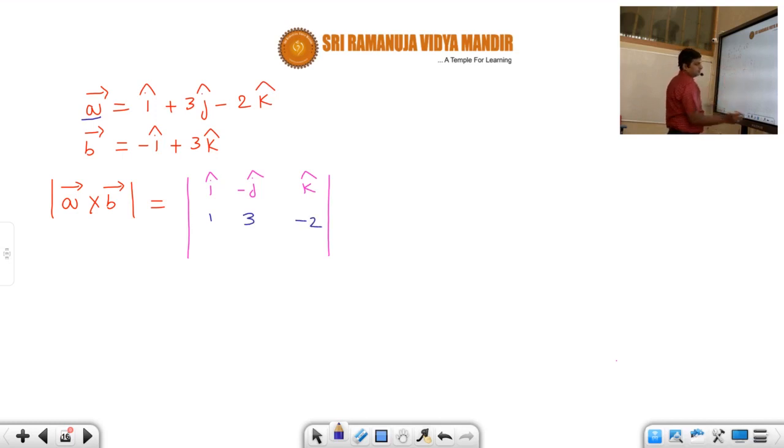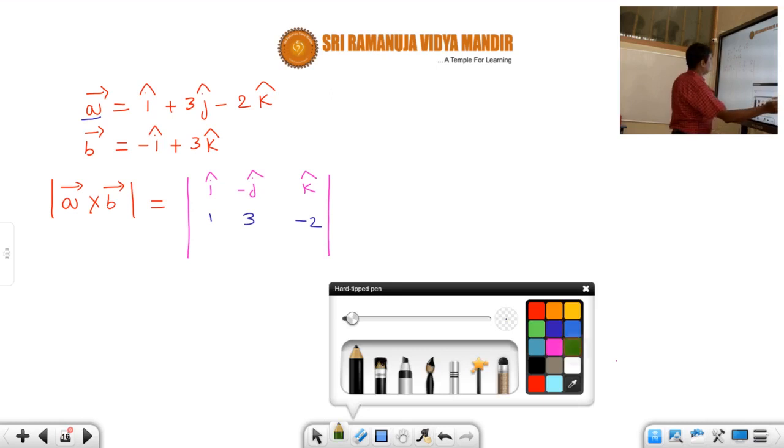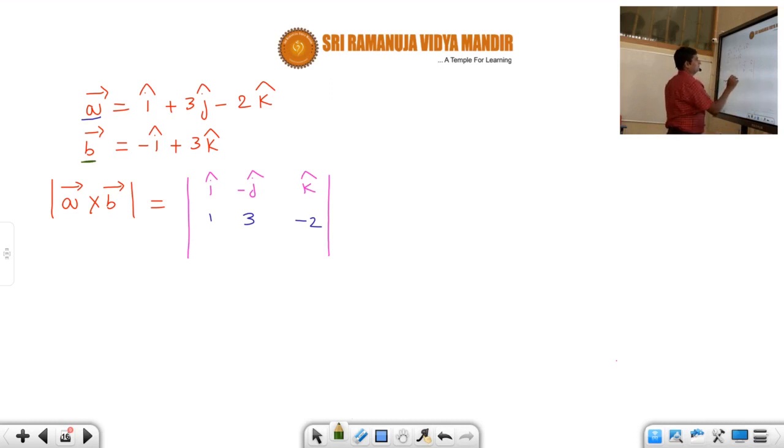Next, write down the coefficients for B vector. For B vector the I cap coefficient is minus 1 and there is no J component here, so we write 0, and the K component coefficient is 3.